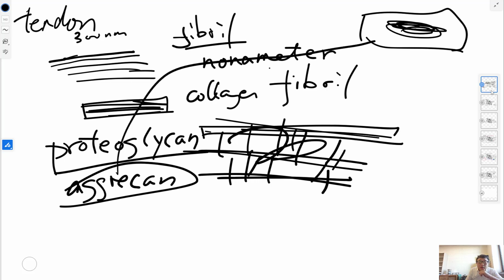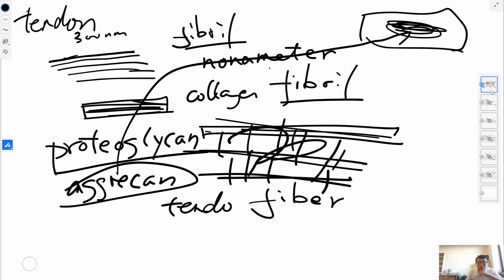This same proteoglycan exists inside the nucleus pulposus, and this glycan binds multiple collagen fibers together into a tendon fiber. You can check my slides. There are multiple layers of this structure, starting from the fibril. Collagen fibrils become a tendon fiber.